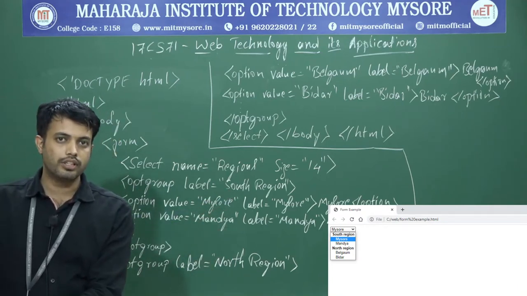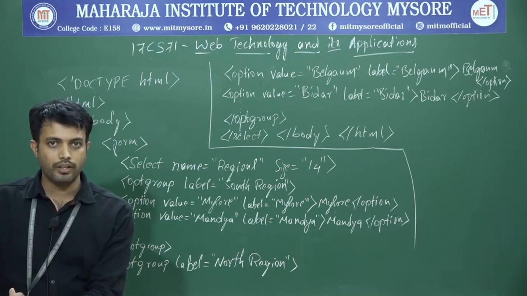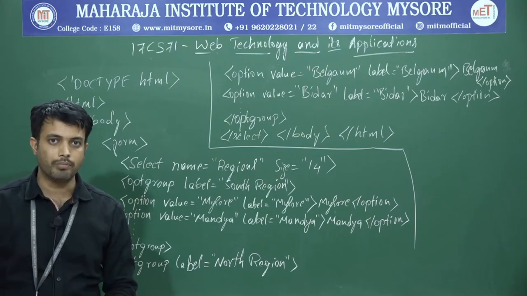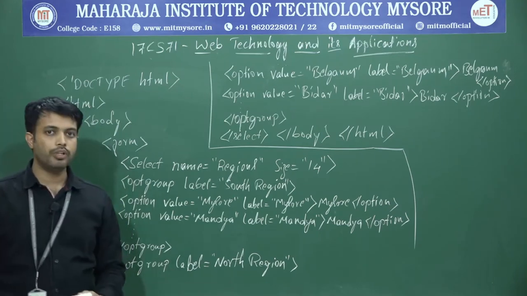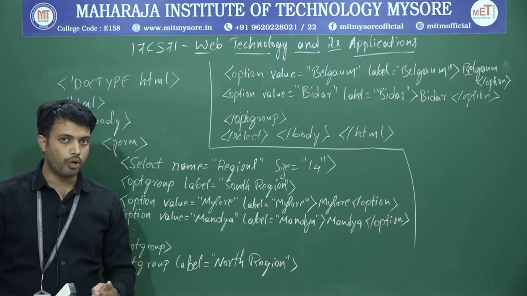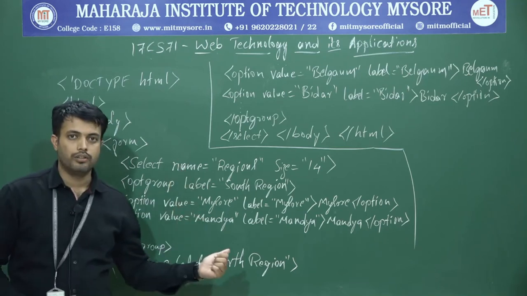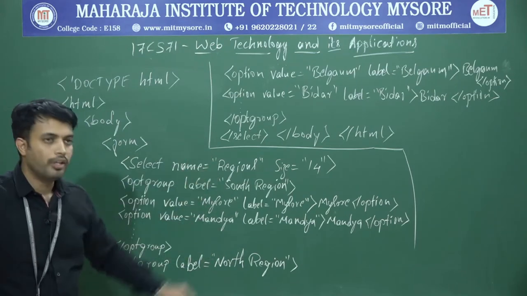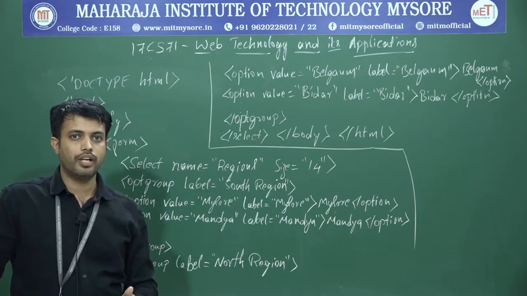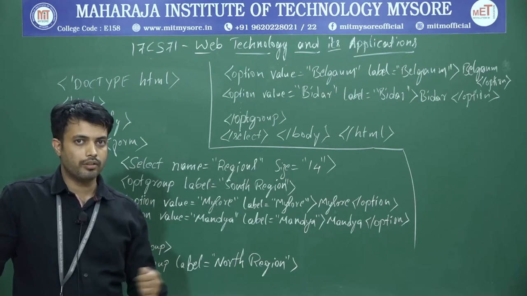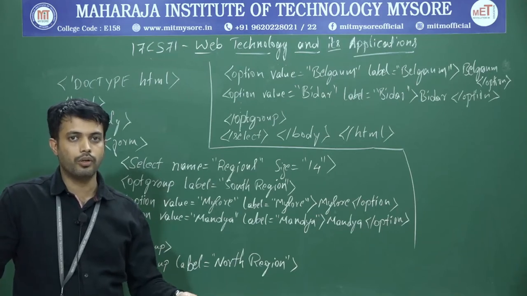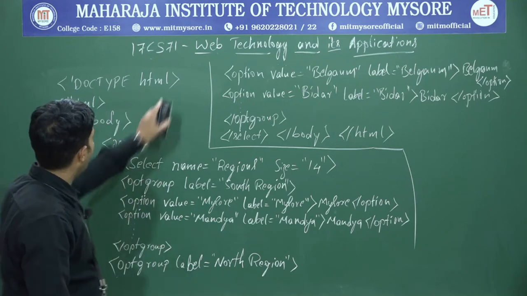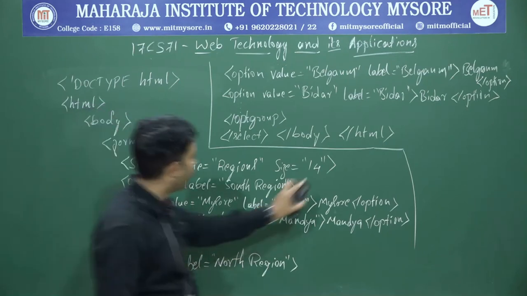Now in this list you can select any one option. In order to select multiple, look here. Even if you try to select two options in this drop down list for this example, by holding the control key, you couldn't select. So now I will modify the same program.